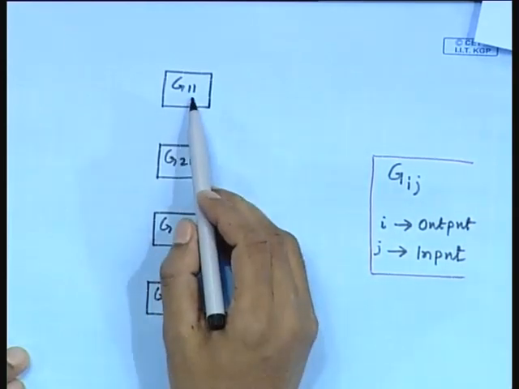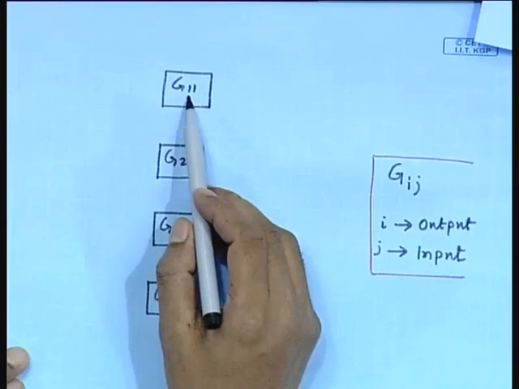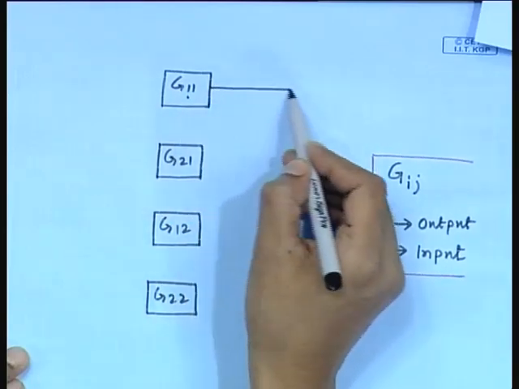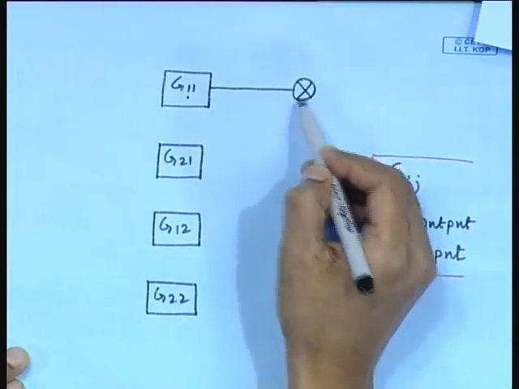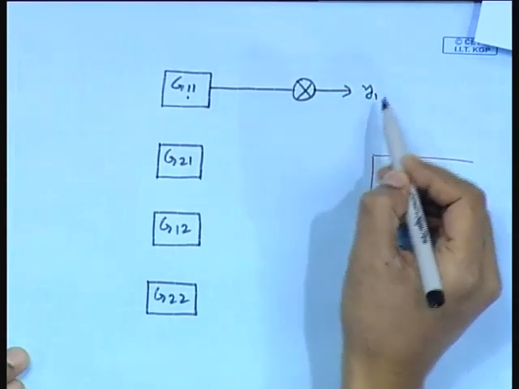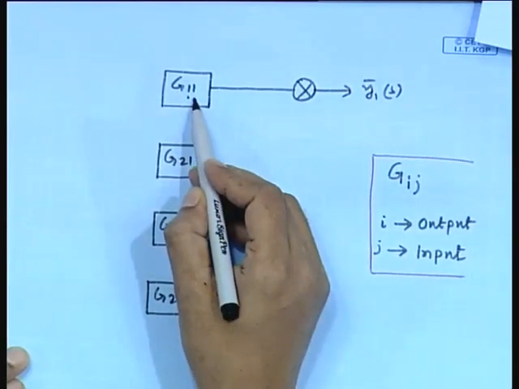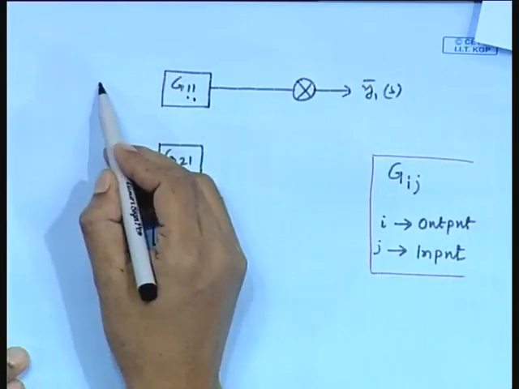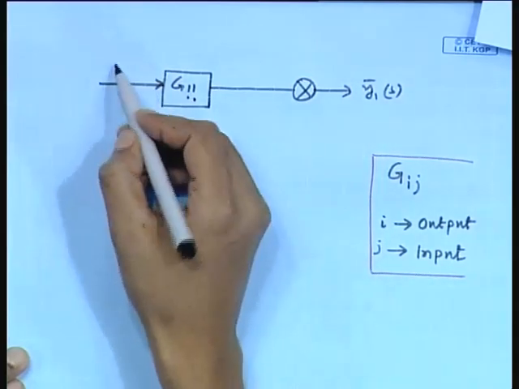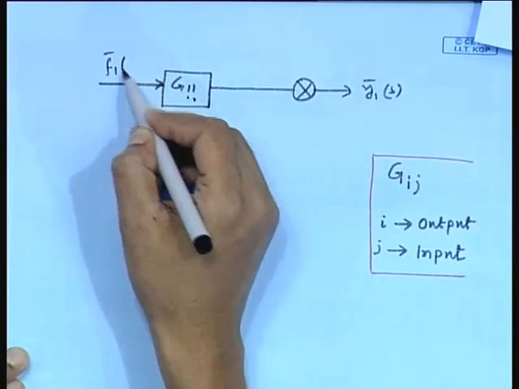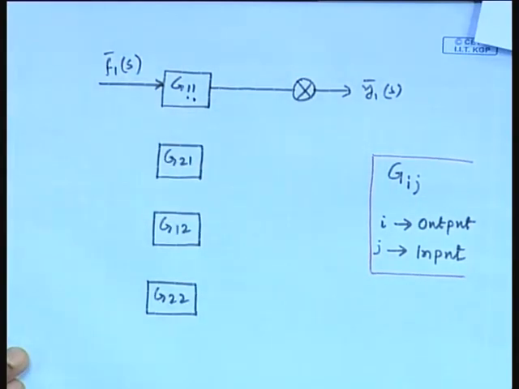So, G11, this first one means output. So, the output is y1, second suffix 1, that indicates the input, the first input. Agree?